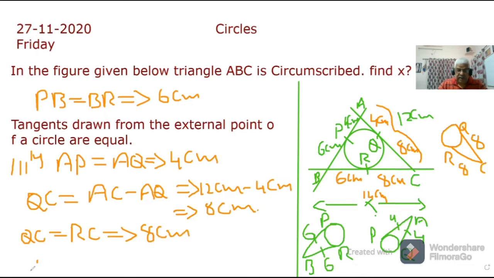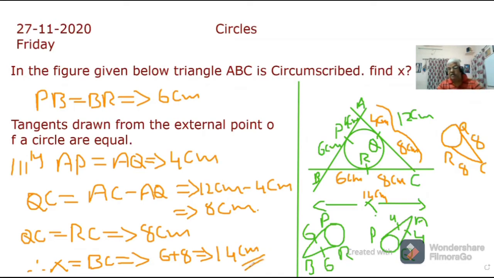Therefore, finally, you can write X equals BC can be written as 6 plus 8, which gives you the total measurement of 14 centimeter. So this is your final answer. X value is equal to 14 centimeter you got.